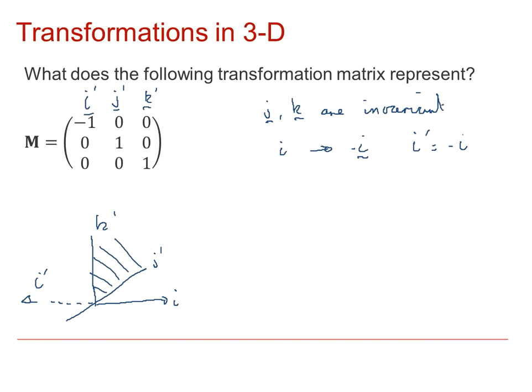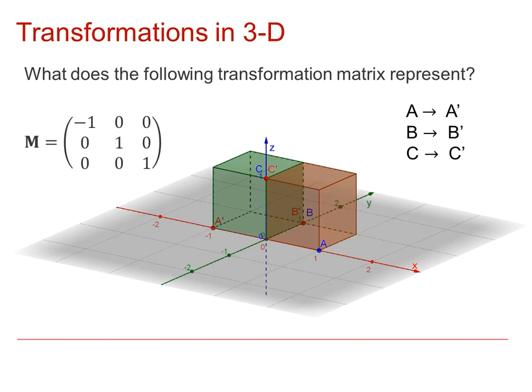So it's a reflection in the plane where we've got x equal to 0, or if you like, the YZ plane. On the next slide, you'll see this in a nice three-dimensional diagram.